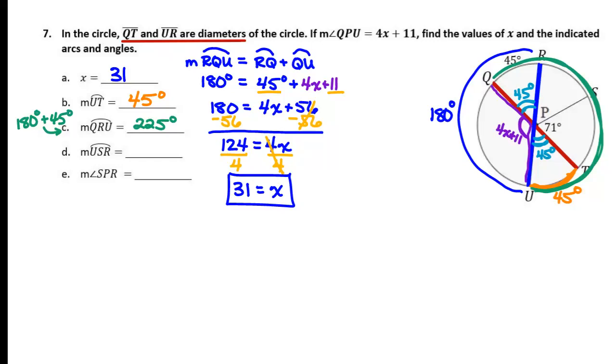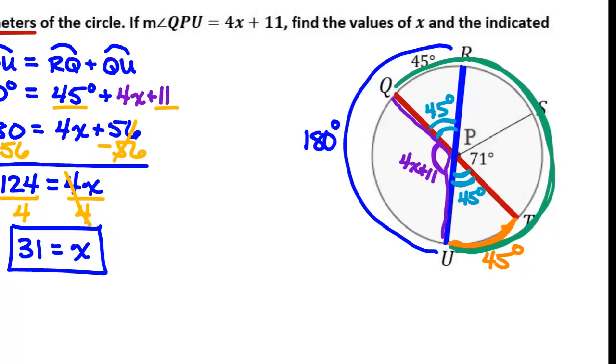All right. Arc USR. What was segment UR again? It's a diameter. If segment UR is a diameter, then arc USR would have to be how many degrees? 180.